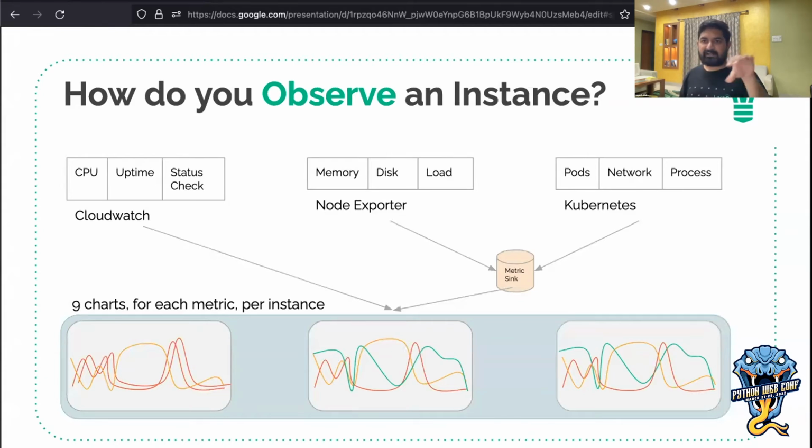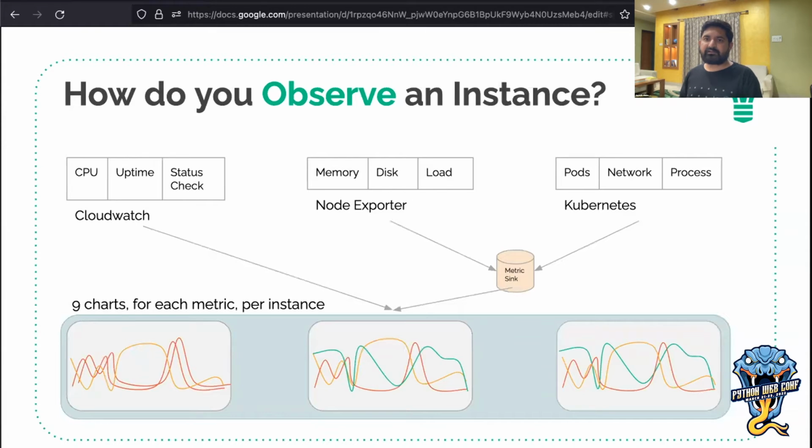Then below, in the patty layer, there's the application, which is the business logic you've written. For this matter, we are considering a Python application here, written with Django or Flask, running in production.